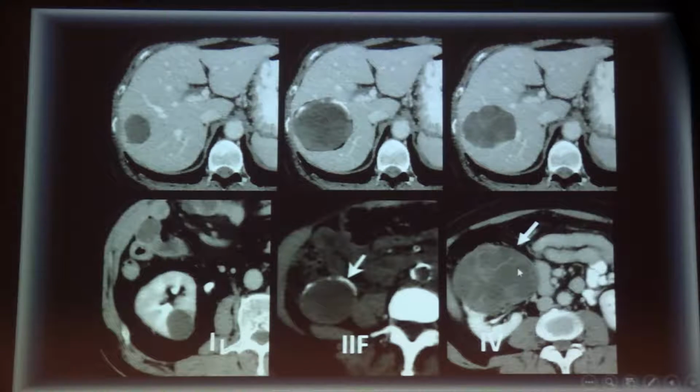And it doesn't mean that if you see a complicated cyst in the liver, which we would categorize as malignant in the kidney, this will be malignant in the liver. So simple cysts in the liver may not necessarily be benign, and complicated cysts in the liver may not necessarily be malignant. So this is one take-home message.